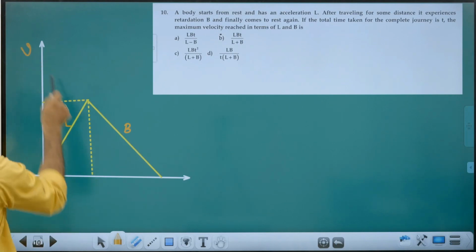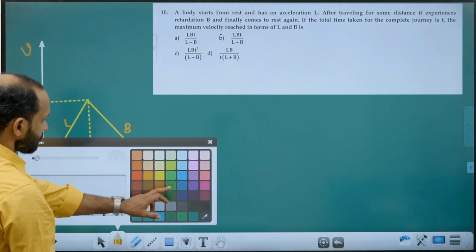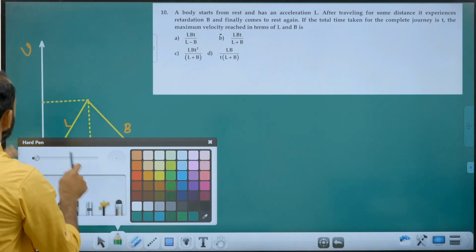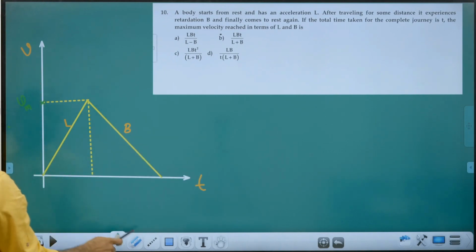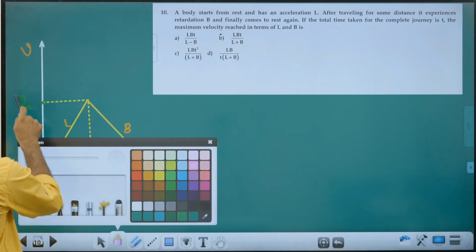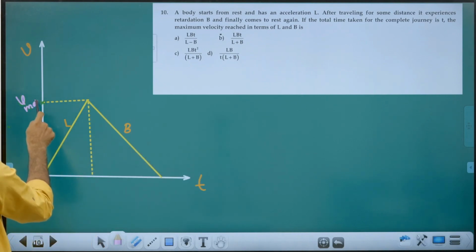This is the velocity axis, here time. Let this velocity be the maximum velocity, Vmax.